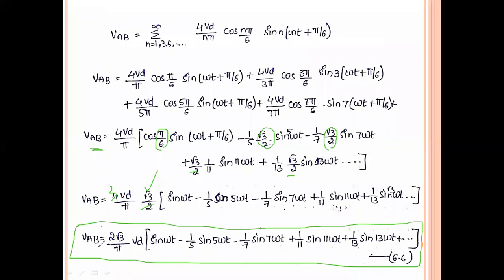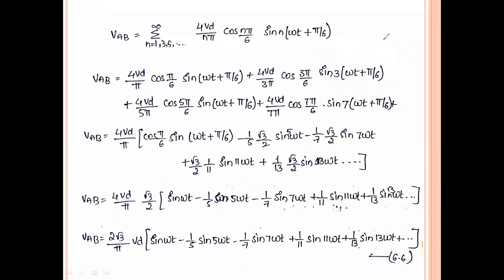So VAB is equal to 2 root 3 by pi into Vd into sine omega t minus 1 by 5 sine 5 omega t minus 1 by 7 sine 7 omega t plus 1 by 11 sine 11 omega t plus 1 by 13 sine 13 omega t plus so on. And this equation 6.6 gives the line to line voltage of stepped wave inverter.